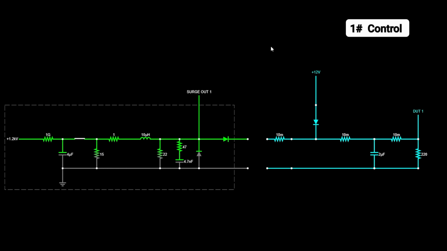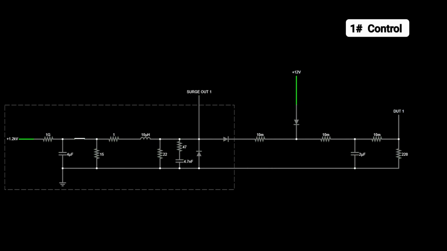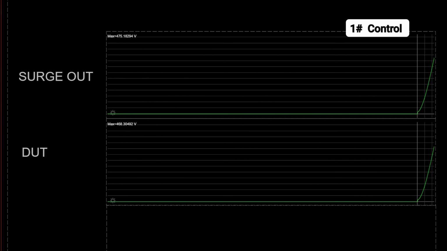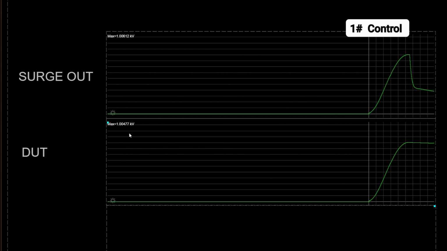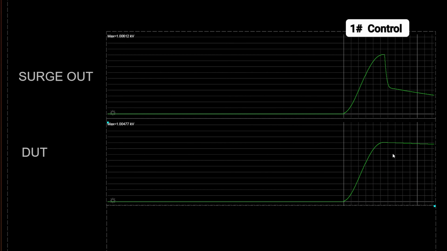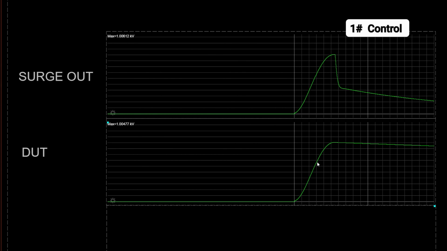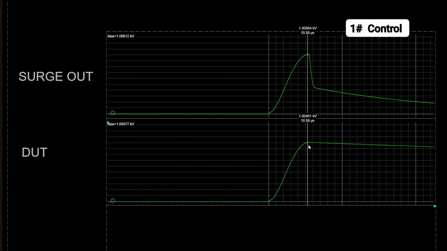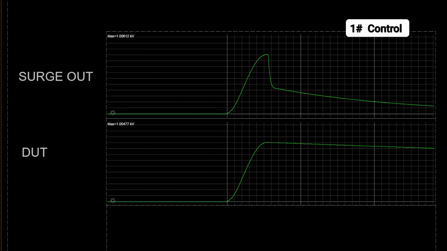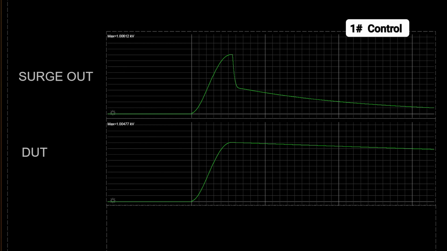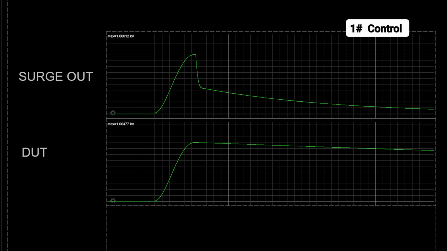So now if we connect the DUT, and this is just to act as a control, what happens if we have absolutely no protection? As you might expect, it pretty much sees the entire 1 kV across here. There's nothing here to help. And what's really interesting is it doesn't really discharge itself. After the surge generator has fired into the circuit board, that voltage really has nowhere to go.